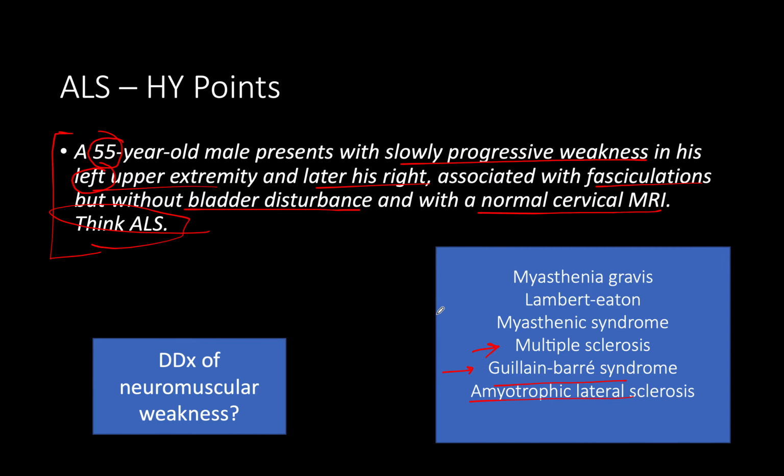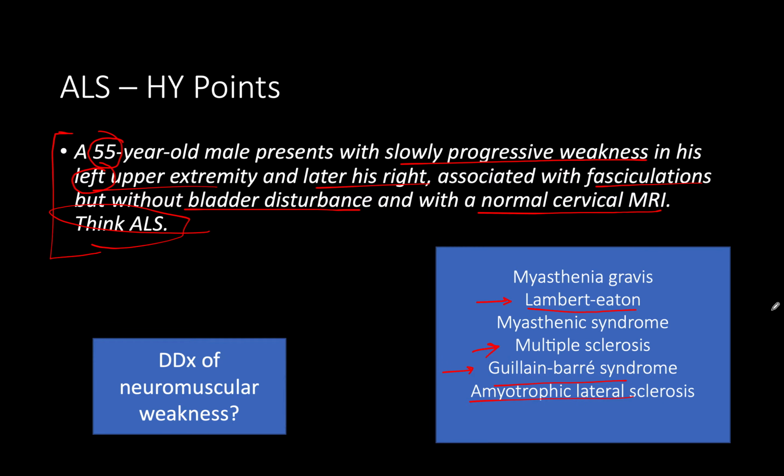Myasthenic syndrome as well as myasthenia gravis. You have that disorder of the neuromuscular junction that results in weakness. Lambert-Eaton syndrome is a paraneoplastic syndrome, right? This is associated with certain types of lung cancer. Small cell, I believe, is the one that pops to my mind. And in this syndrome, we form antibodies to the presynaptic calcium channels.